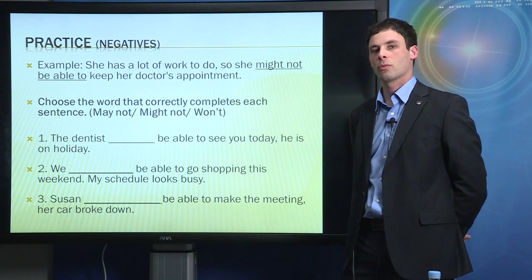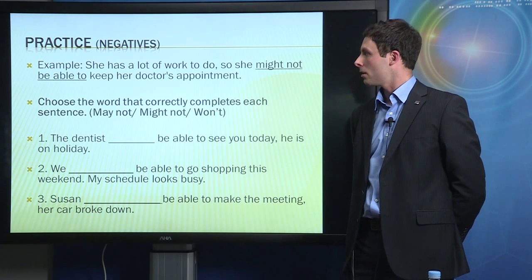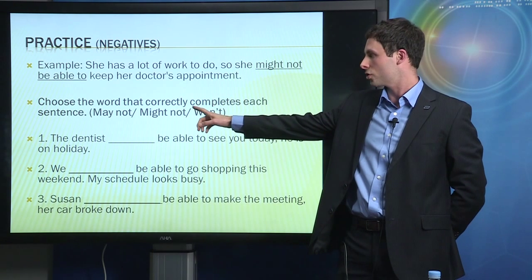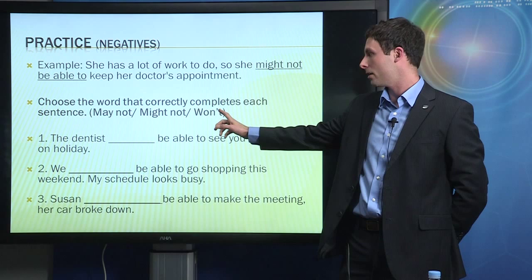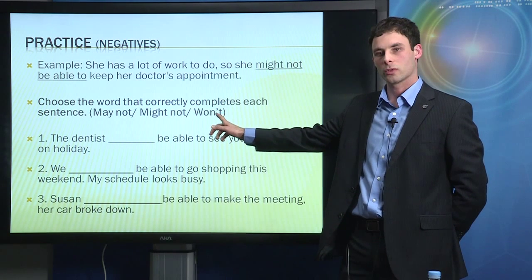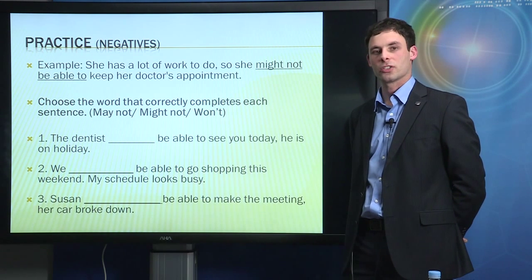So on to some more practice with the negative. You have an example here, and your task is just to choose may not, might not, or the contracted form of will not, won't. So pause the video here and attempt these questions.